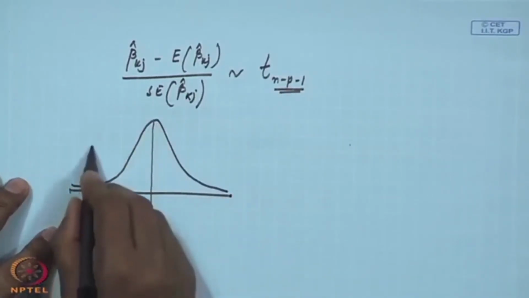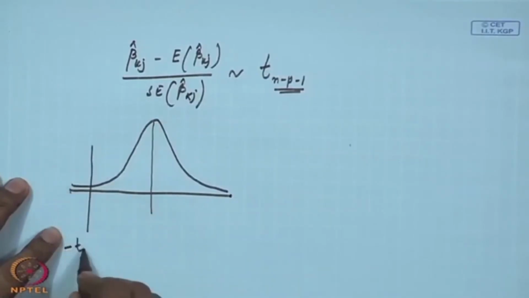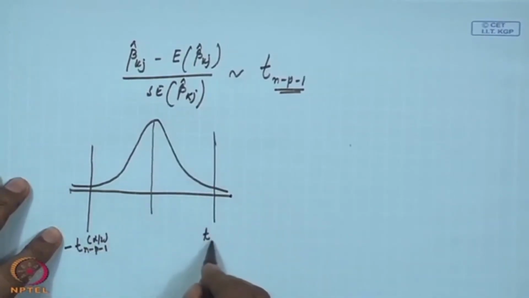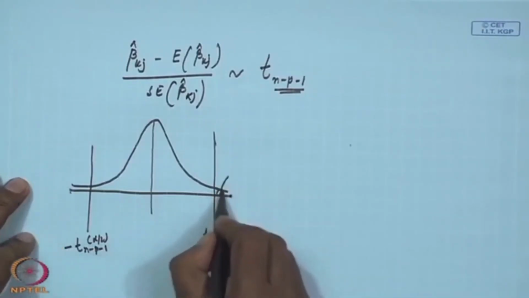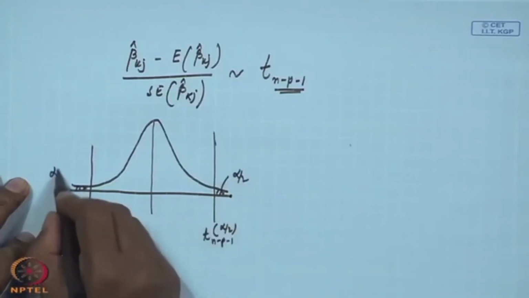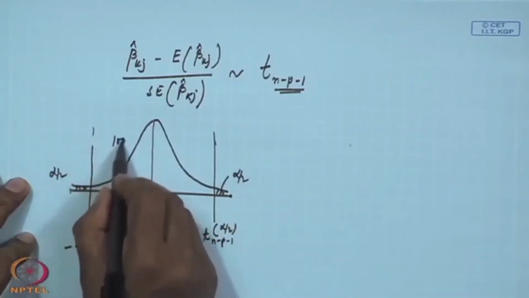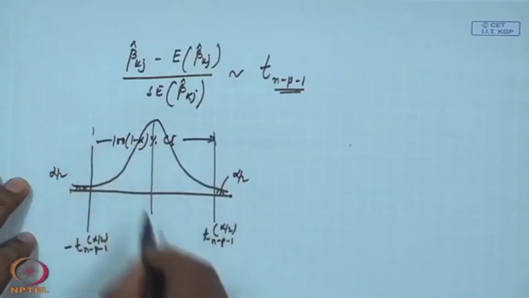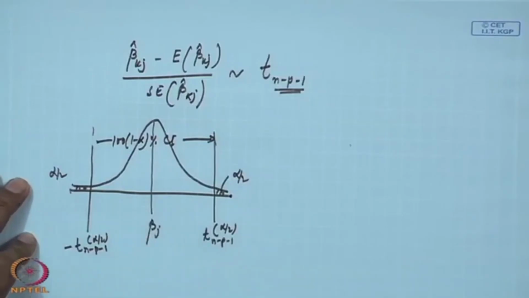So what I mean to say, suppose this one is minus t with n minus p minus 1 and alpha by 2, and this one is t with n minus p minus 1 and alpha by 2. So this side is alpha by 2 and this side is alpha by 2, and then this is your 100 times 1 minus alpha percent confidence interval for beta j. What is this beta j? Beta j is basically the expected value of beta j.